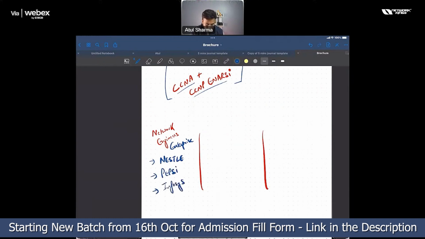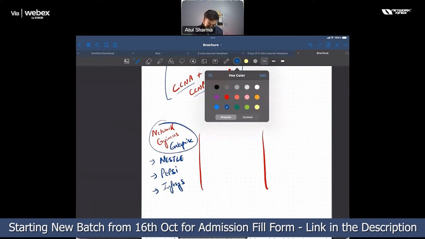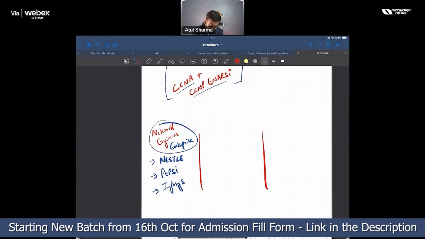These companies are hiring enterprise network engineers, and there are other companies which are called ISPs, where ISP level of knowledge is required. ISPs are hiring service provider network engineers.